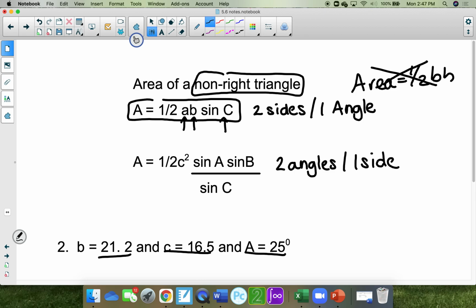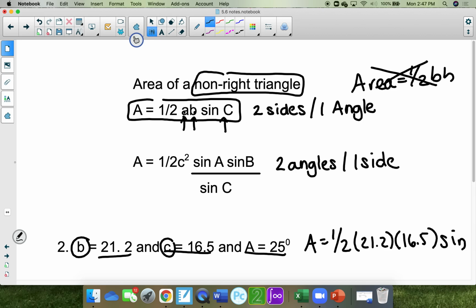Again, the letters are just interchangeable. You're going to go 1/2 times the two sides. The two sides up here are A and B, but the two sides here are B and C. So it's 21.2 times 16.5 times the sine.